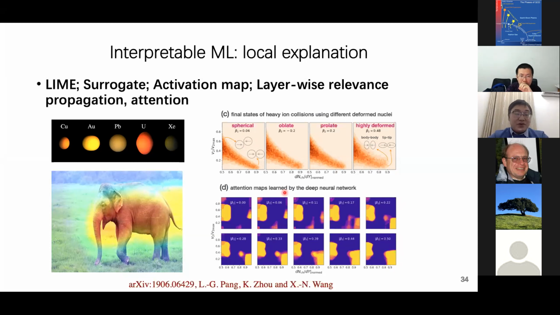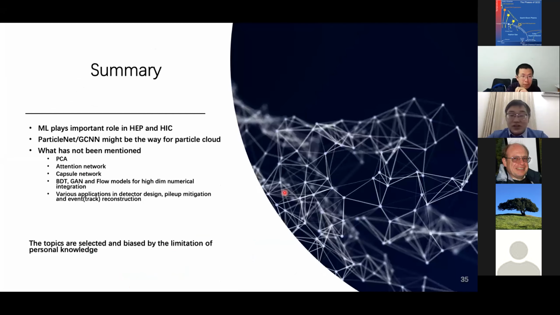As a summary, machine learning plays an important role in high-energy physics and heavy-ion collisions. ParticleNet and the graph convolutional neural network might be the way to handle the particle cloud produced in these high-energy colliders. What has not been mentioned are PCA, attention networks, and capsule networks, which have been used for jet classification.